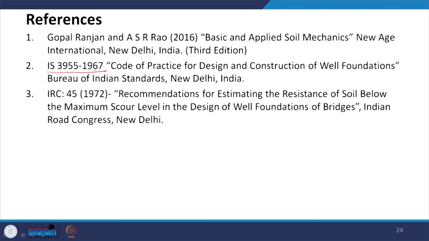Then Indian Roads Congress document 45, 1972, titled Recommendations for Estimating the Resistance of Soil Below the Maximum Scour Level in the Design of Well Foundations for Bridges, which I think is under upgradation. When it comes, the new document can be used.